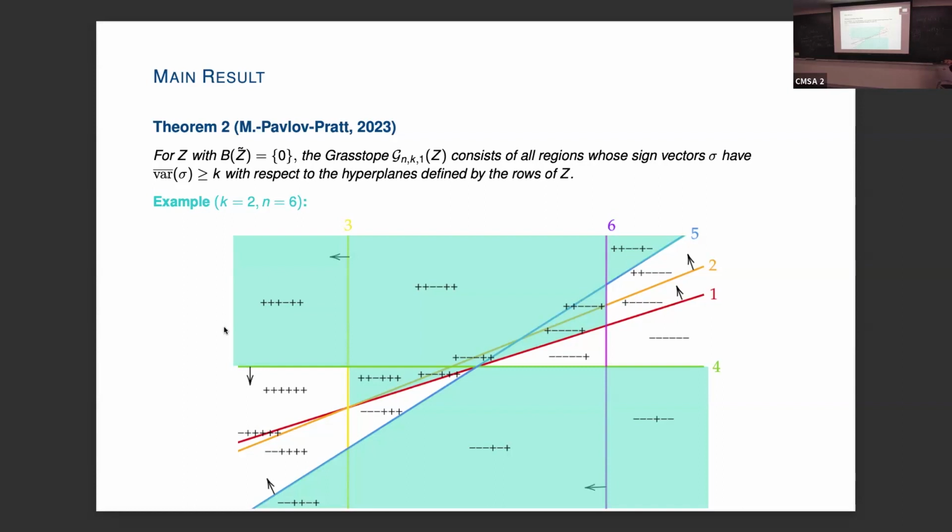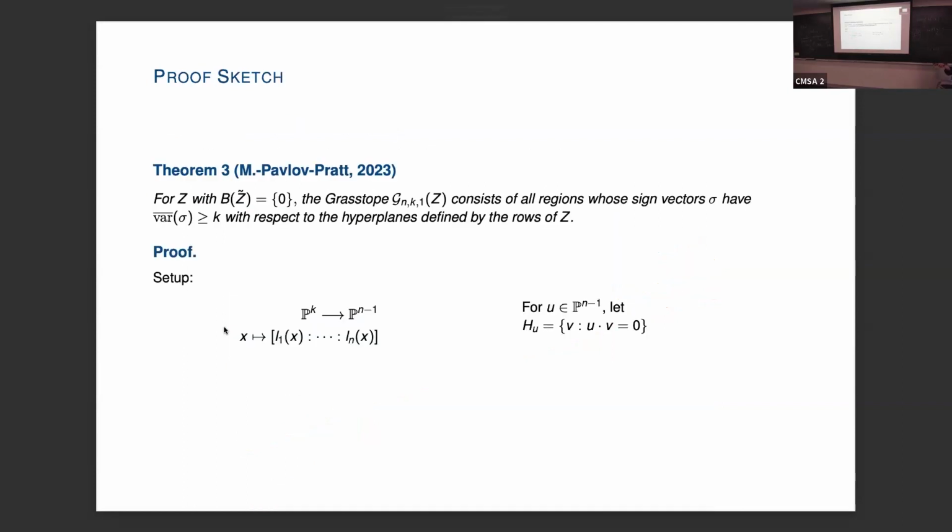But so I guess I will give a short proof sketch for this. The way that it works, we identify our ambient space PK with hyperplanes in P to the n-1. The way we do this, we map a point in PK to a point in Pn-1, and then this represents a hyperplane, not in the same way as I explained a few slides ago.